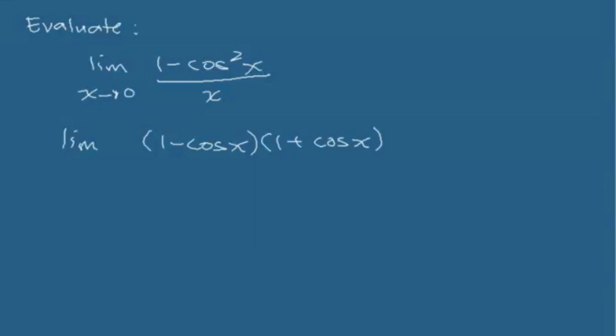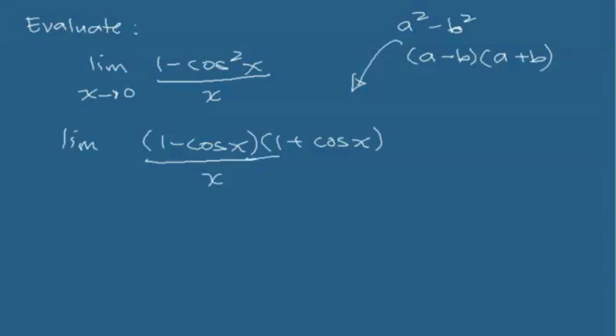Remember the difference of two squares? When you have a squared minus b squared, this is equal to a minus b times a plus b. So that's what we did over here. Let's continue, so we have over x.